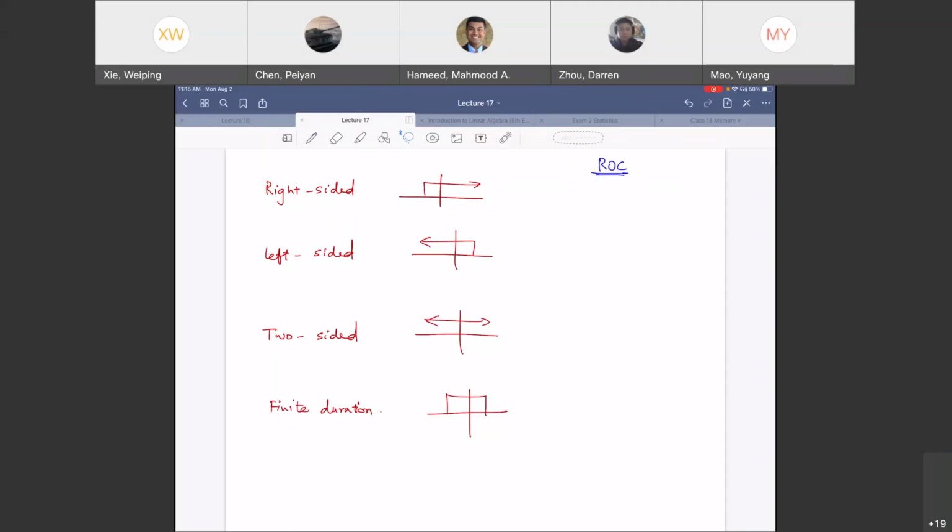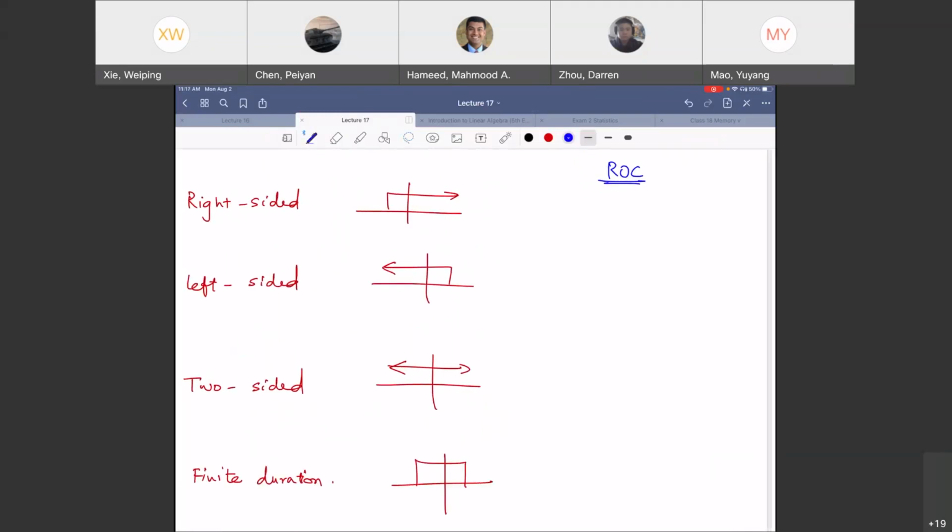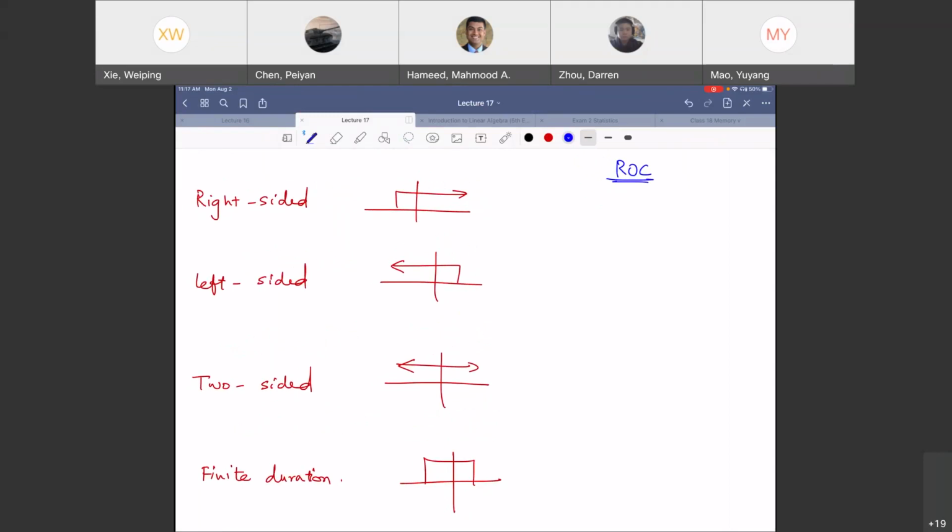We'll prove this later, but I just want to connect the two right now. For a right-sided signal, ROC is going to be right of the rightmost pole. For a left-sided signal, left of the leftmost pole.